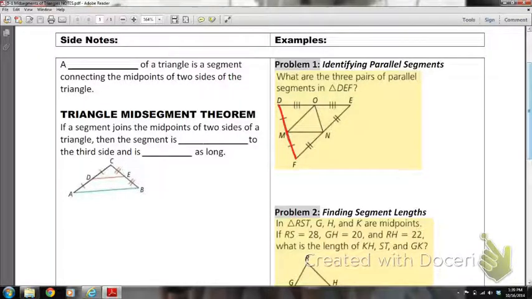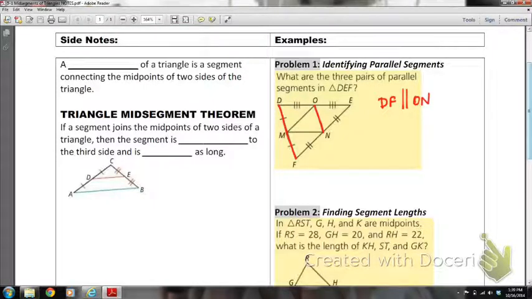So the midsegment that is parallel to that one is going to be ON. So we have DF parallel to ON.